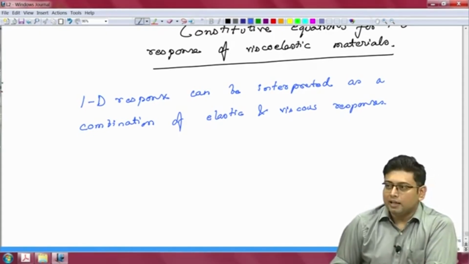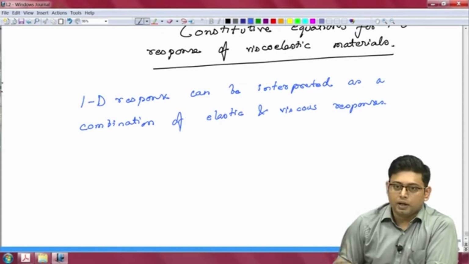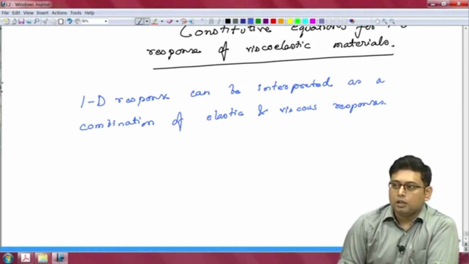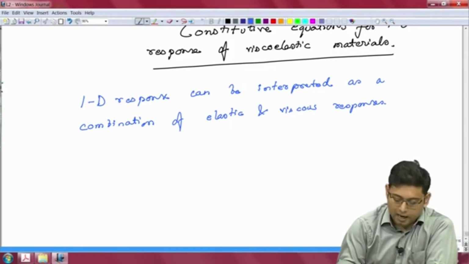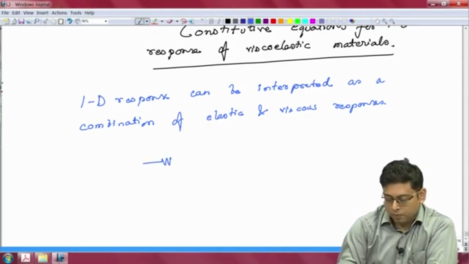So, let us take the case of the elastic body. We had said there was one analog that we can use to interpret or model elastic response, and that analog was your spring, right.